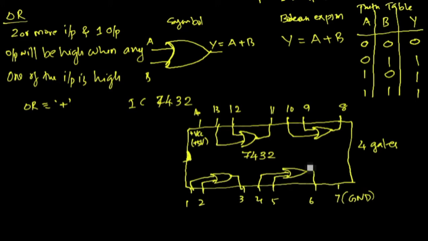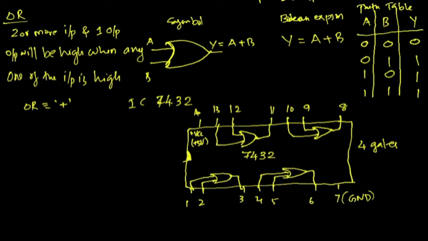Pin numbers 9, 10 are the inputs for the third gate, and pin numbers 12, 13 are the inputs for the fourth logical gate. So IC 7432 is a 2-input logical OR gate IC, which consists of 4 logical OR gates in it. The pins 7 and 14 are for ground and plus VCC or 5 volt respectively.